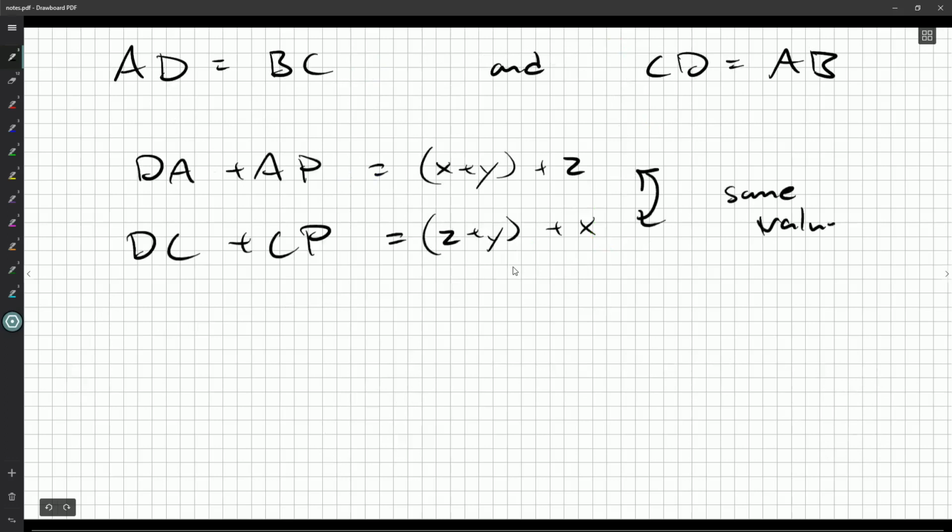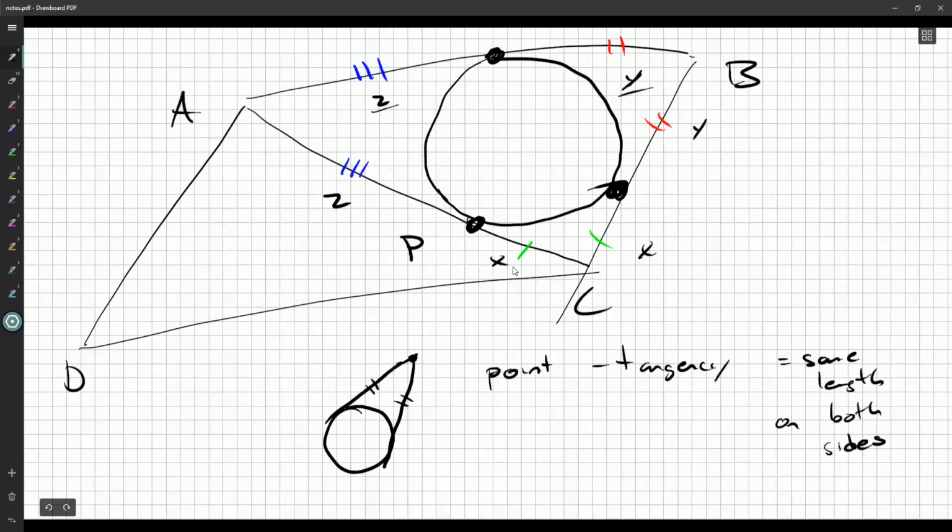So let's say same value. I was going to say same length, but same value. Okay. So that's A part pretty quickly, and then they add in these other circles.